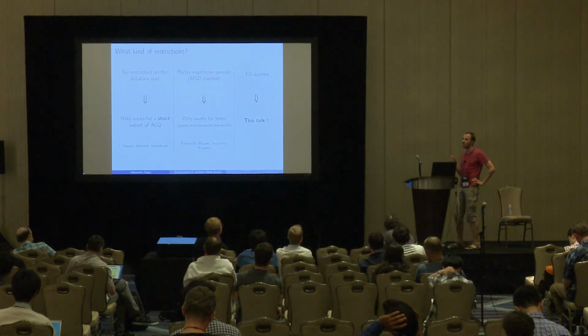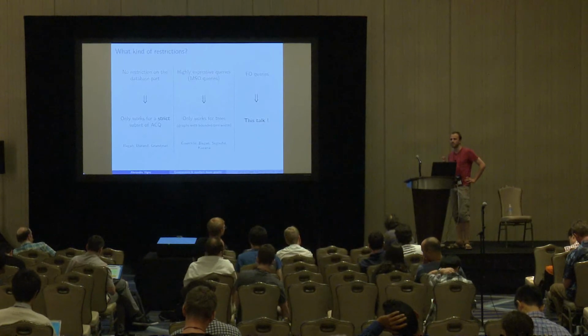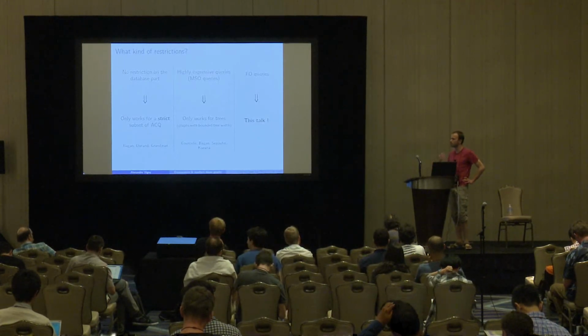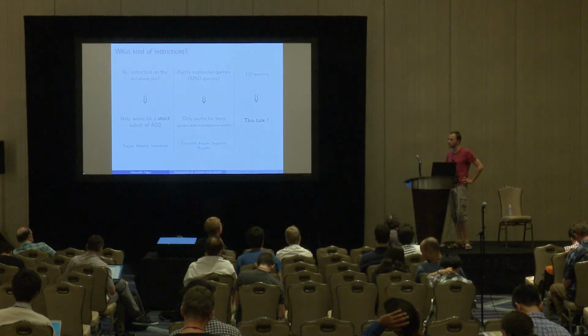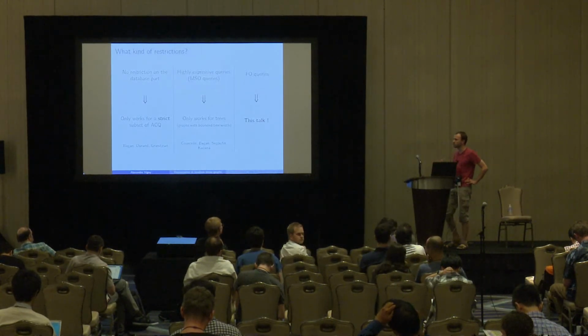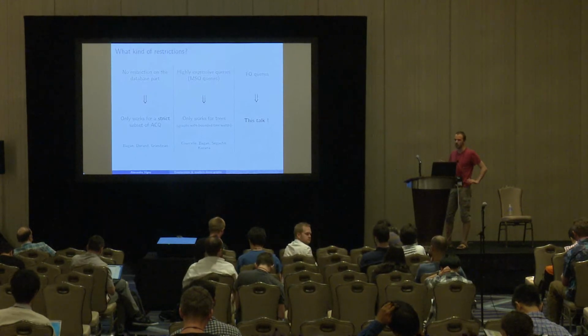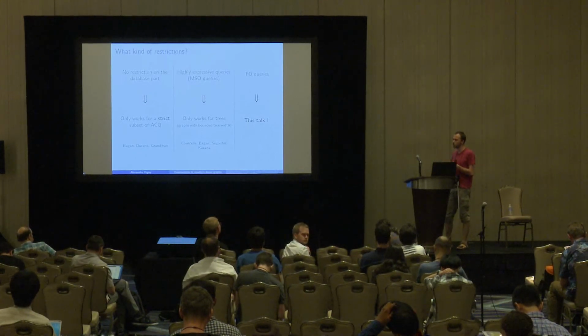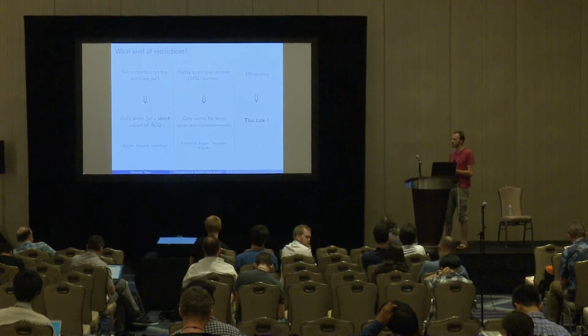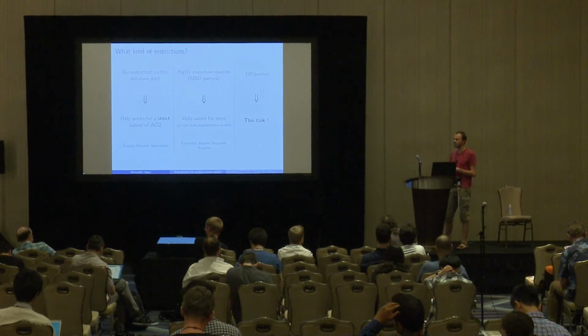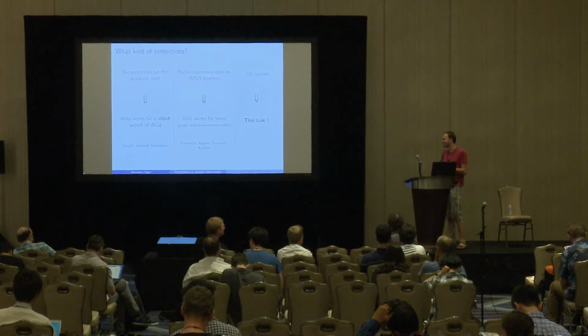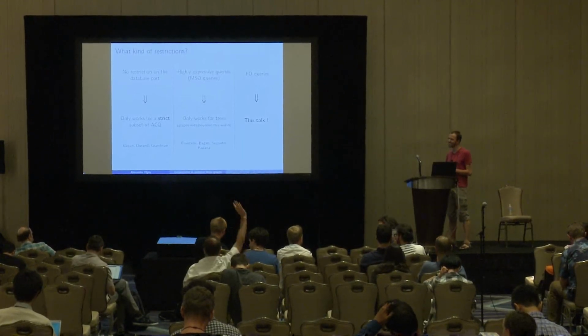For FO queries, it's really difficult. Every time, the first step is to put everything in Gaifman normal form or a similar normal form, and this is really hard to do. Especially in our work, we do that several times because at each step of the induction, we rebuild a normal form. So I don't know if anything could be implemented in this area.